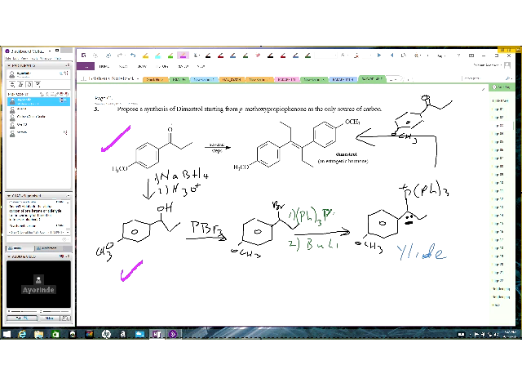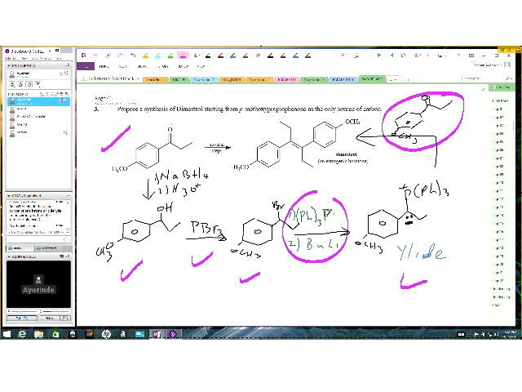Then we transform the secondary alcohol to a secondary alkyl bromide using phosphorus tribromide, and then we use triphenylphosphine followed by butyllithium to make our Wittig. And then you react the Wittig with another mole of the ketone, and you get your final product.